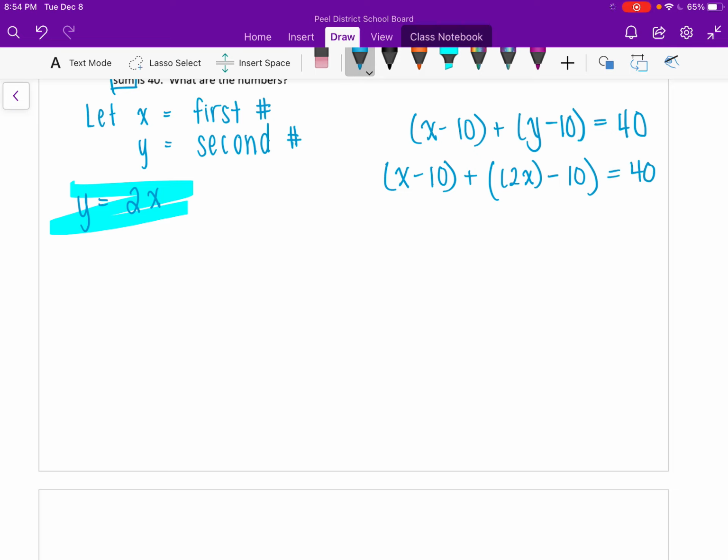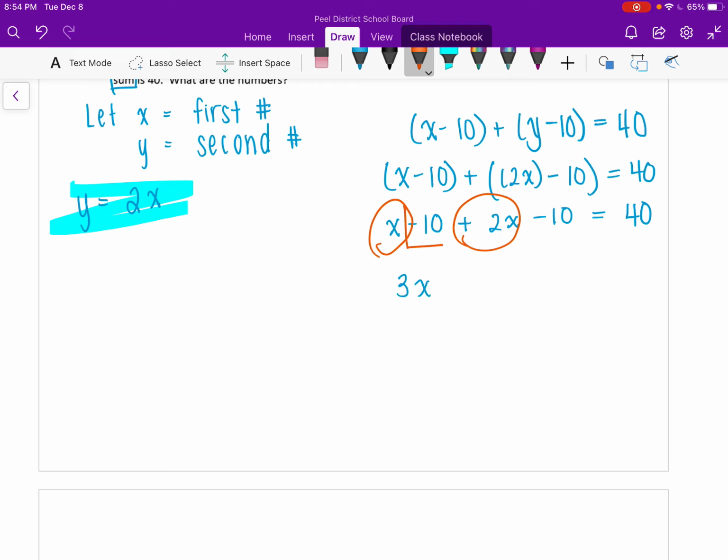And now I have 1 variable and I can work with that, right? So I have x minus 10, and that's just in a bracket, so I can just open it up, plus 2x minus 10 equals 40. Gonna collect my like terms. I have x and I have a 2x, so I'm gonna say 3x.